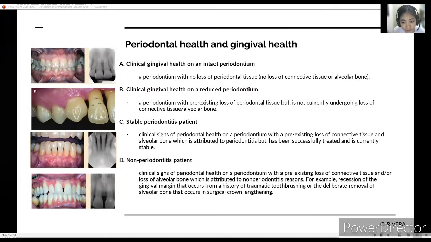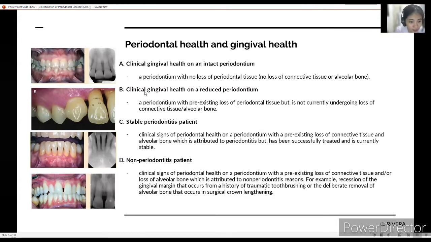As we can see, the dental radiograph does not reveal any changes in either the alveolar bone height or the architecture and morphology of the alveolar bone. So as you can see, the set of teeth shows clinical gingival health and an intact periodontium.